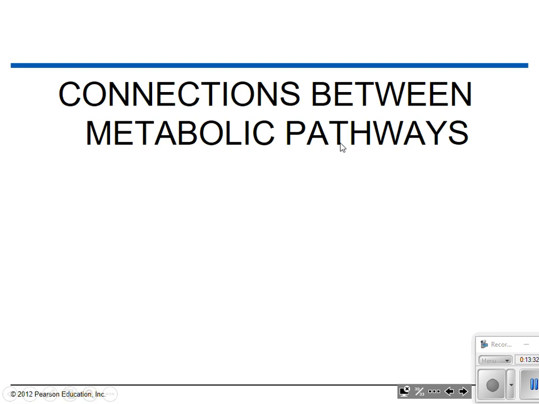Now, the connections between the metabolic pathways. So this is page 74 here in our interactive notebook.